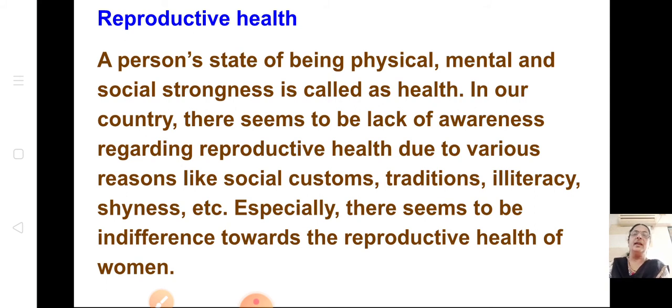You all know every month when she goes through the menstrual cycle, there is a chance of getting infection, and the genital parts of both male and female should be kept clean because there is a chance of getting some diseases due to infection. So this was reproductive health.